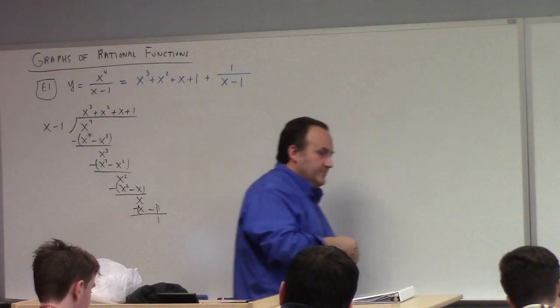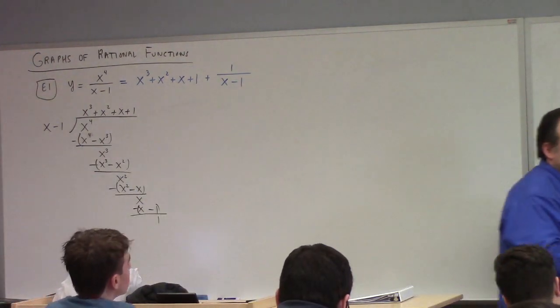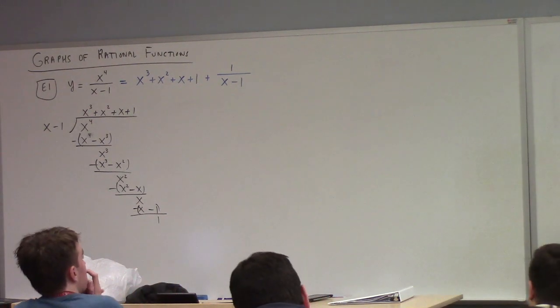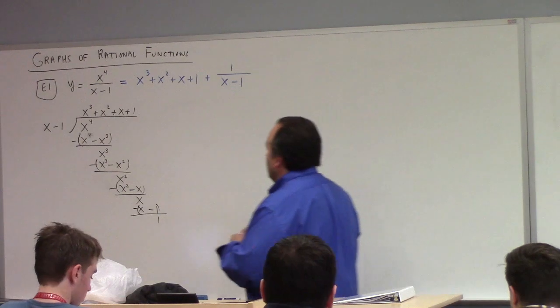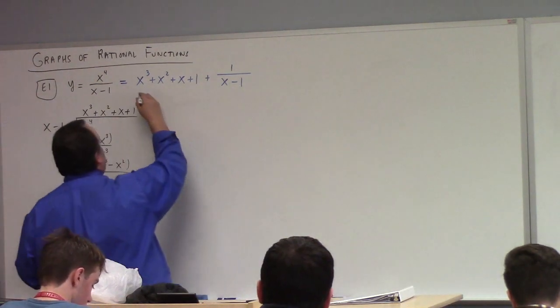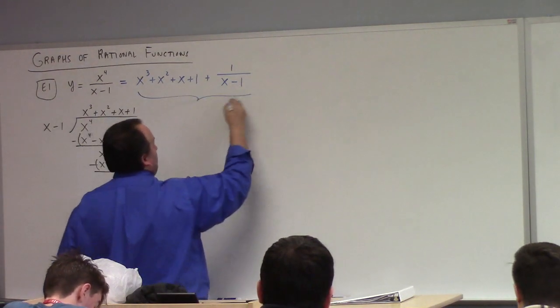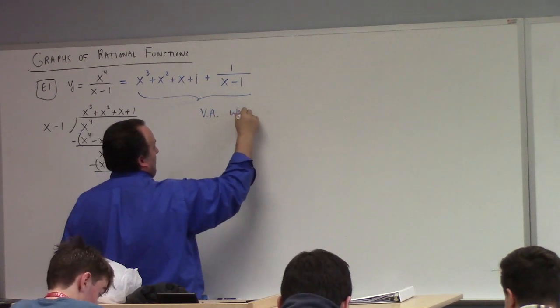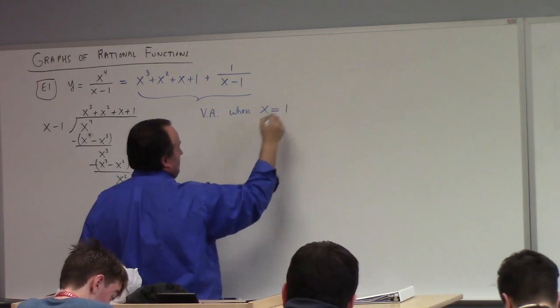Now, how would we graph this? How would you think about graphing this? Here's how I'd think about it. What are the features of this graph going to be? It's going to have a vertical asymptote when x is equal to 1.